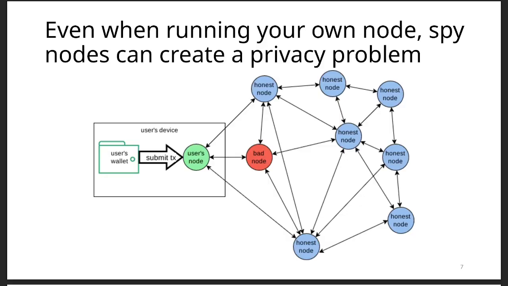The user's node, in green, is connected to two honest nodes in blue and one malicious node in red. In this simplified example, when the user's node relays a transaction to one of its peers, it is possible that it will first relay the transaction to the malicious node, which will record the IP address.